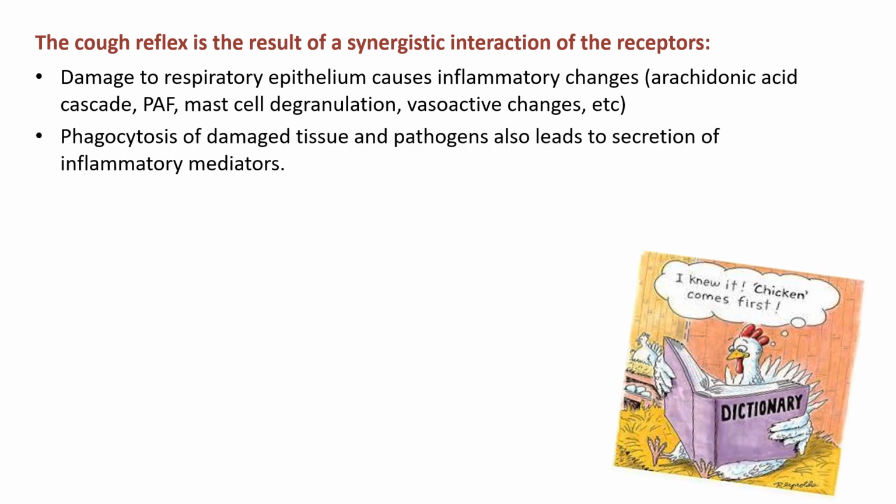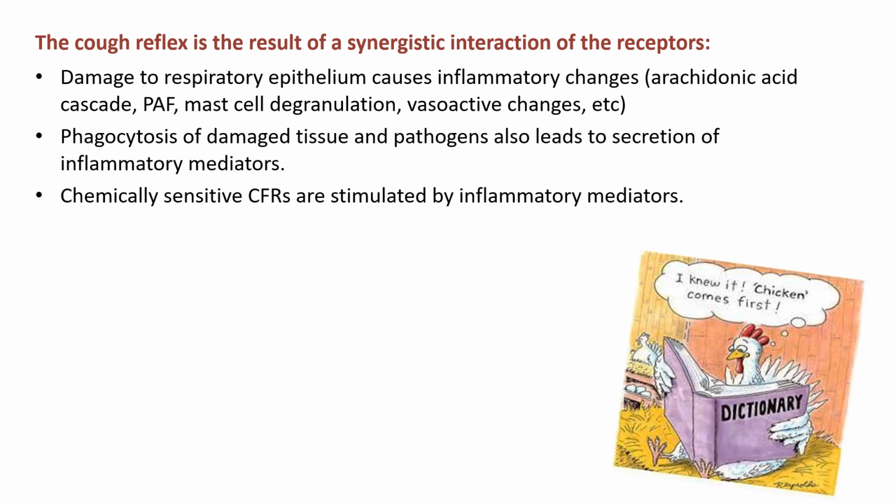We also get potentially phagocytosis of damaged tissue or pathogens, which again leads to secretion of inflammatory mediators. These inflammatory mediators, bradykinin, PGE2, etc., all stimulate our CFRs, our C fiber receptors that are chemically sensitive.